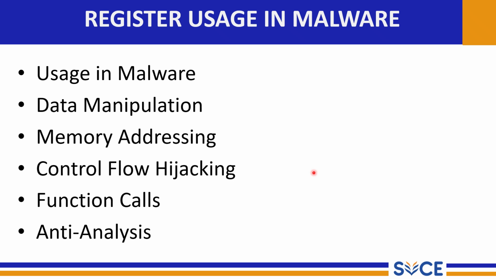Malware may use register manipulation to obfuscate its behavior and make it harder to analyze. For example, it might use register-based calculations to determine the address of a function to call rather than calling the function directly. So this is all about register usage in malware.